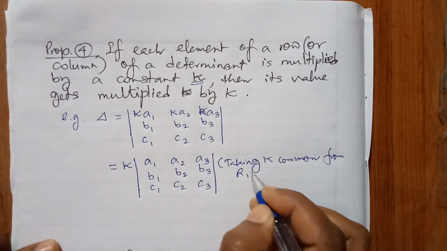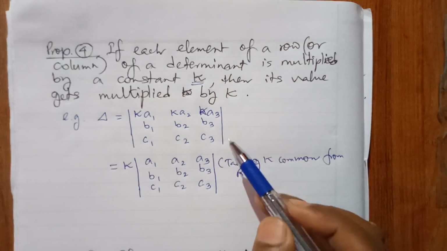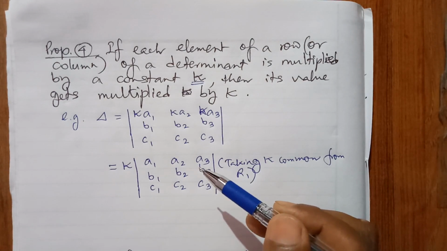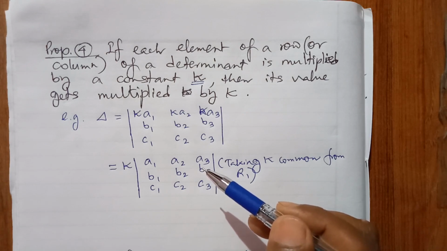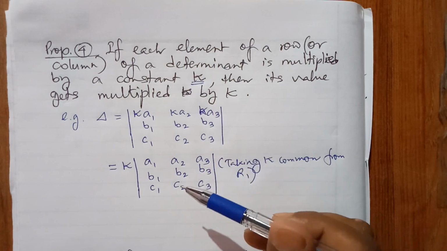from row 1. So in a determinant you can take common from any single row or from any single column, but in matrices, when you take common in a matrix, you have to take common from each and every element in the matrix. But in a determinant it is not like that.